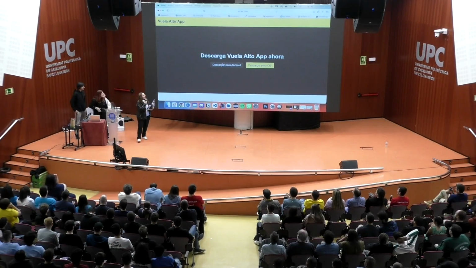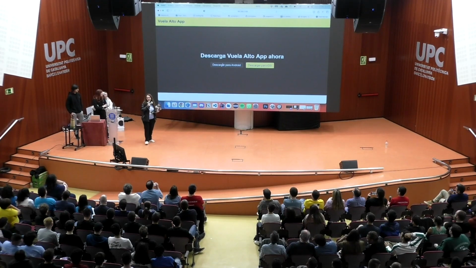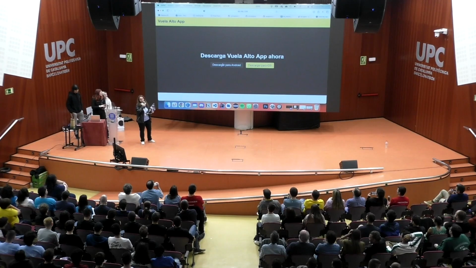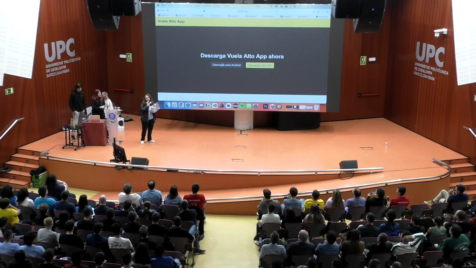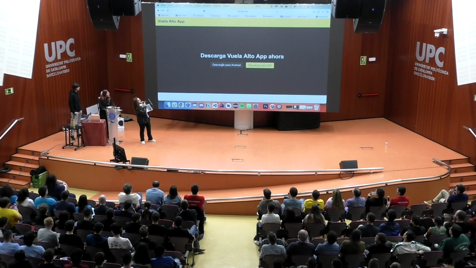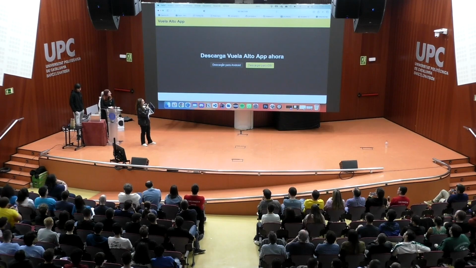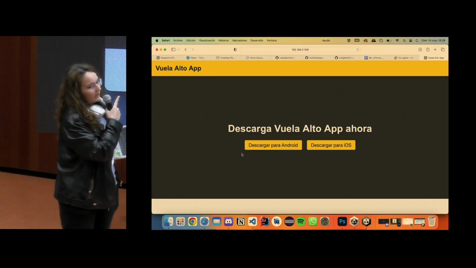At the beginning, we decided that in the plane there will be a QR code that you have to scan with your mobile or some kind of camera. Then it will redirect you to this landing page, where you can download the app. This is a local server.